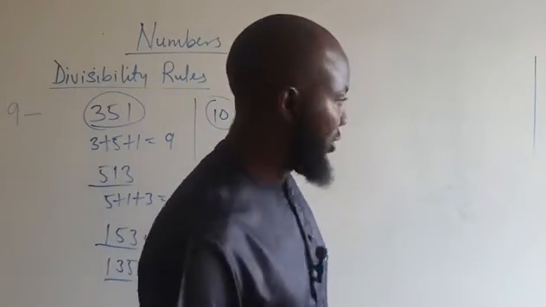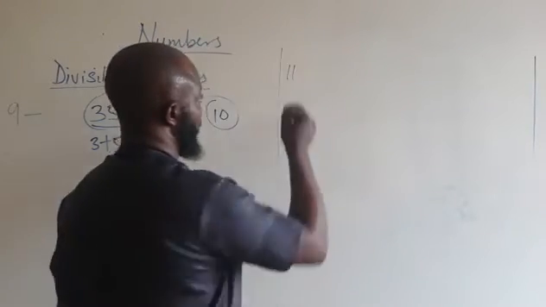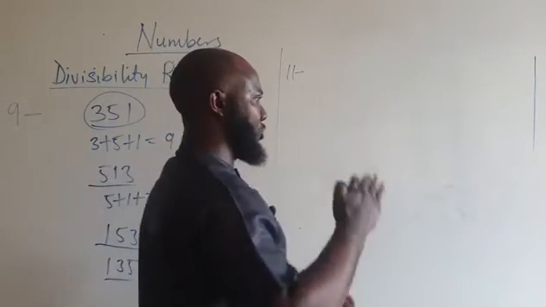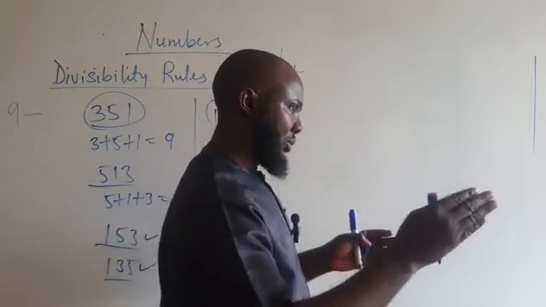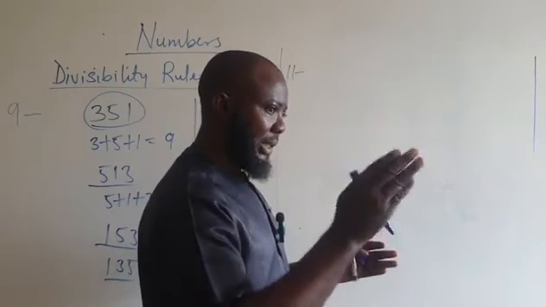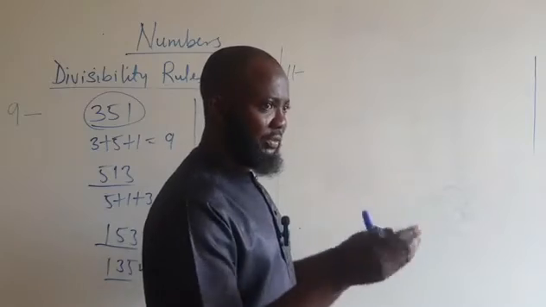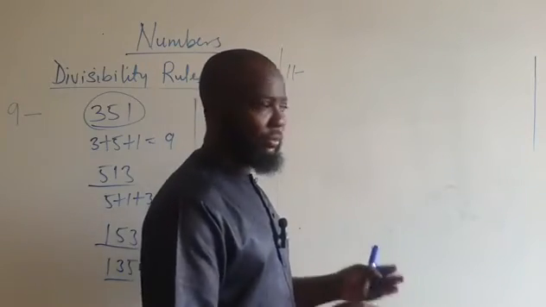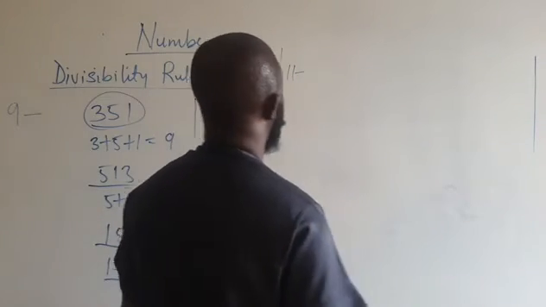So this is the rule. Let me use an example to solve it. The rule is that you add the digits in the even position together, add the digits in the odd position together, and find their difference. If the difference gives you a number that is divisible by 11, then the whole number is divisible by 11.